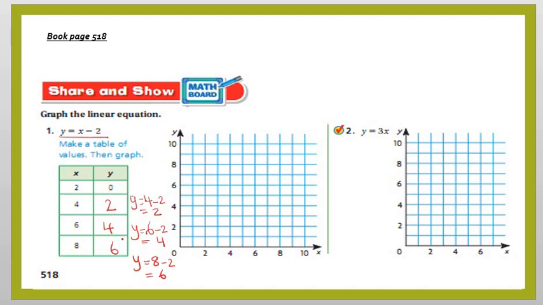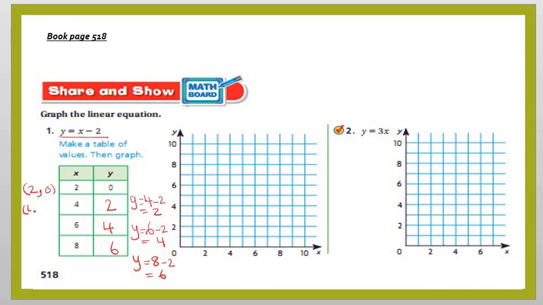So all of these ordered pairs are solutions of my linear equation here. So I need to plot them or graph them or draw them here on my coordinate plane. This point here, how can I write it? x comes first, between brackets (2, 0).